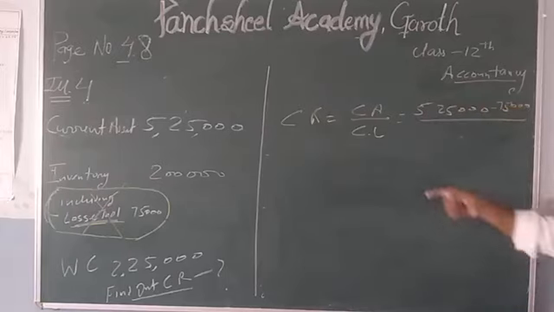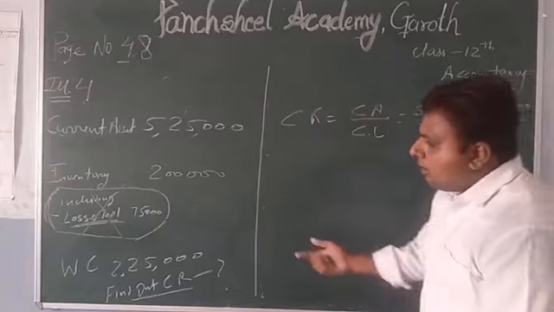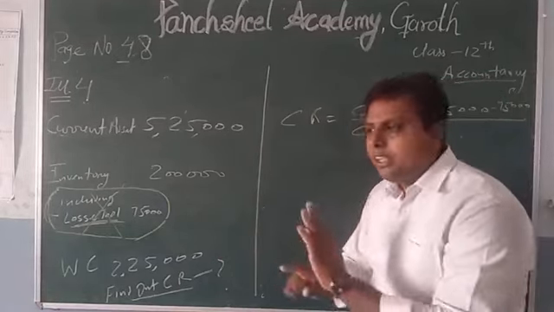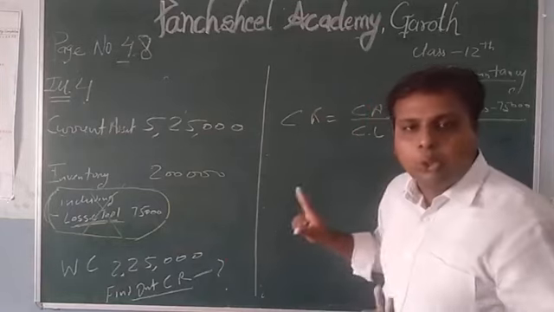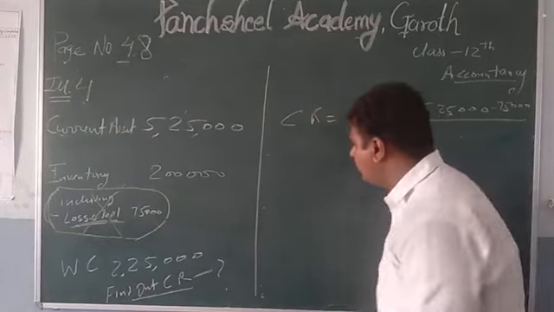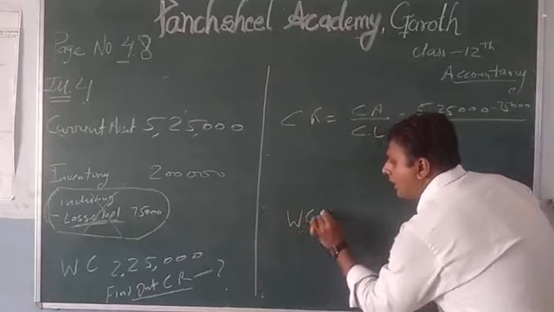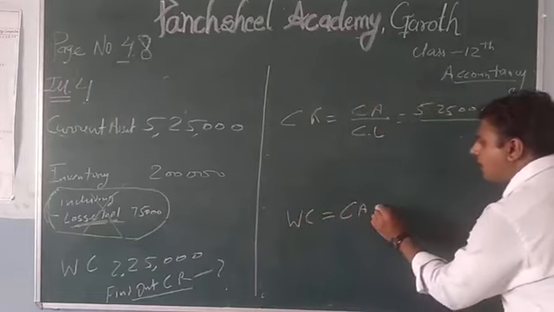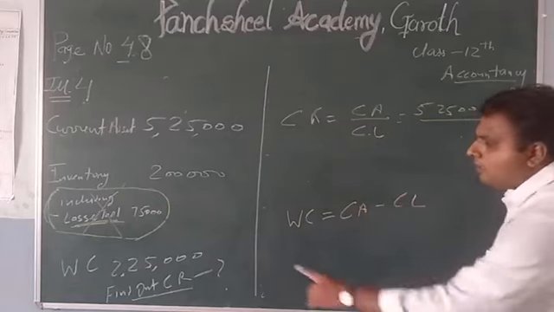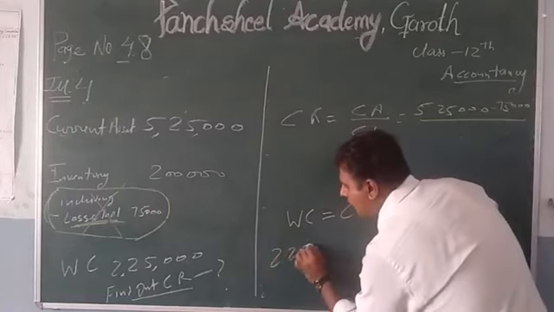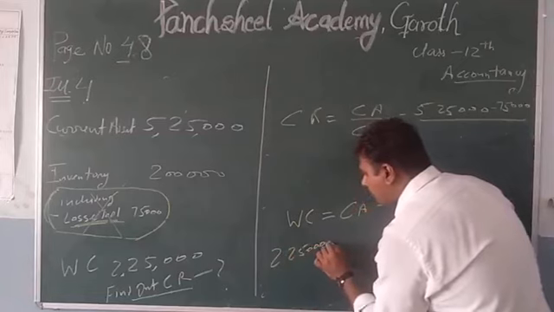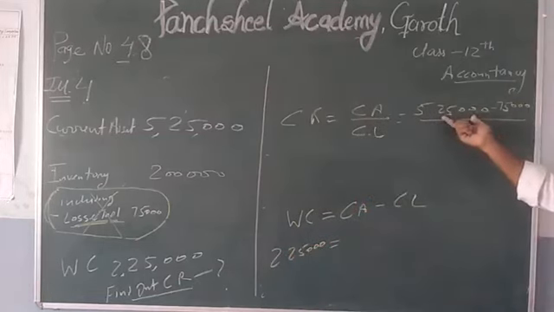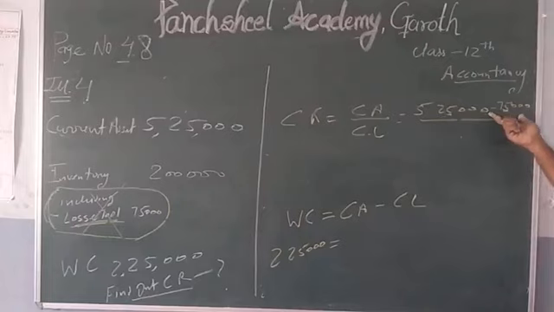Divided by current liability. Okay, can you find out the current liability? Current liability is not given, but the working capital is given. Working capital is equal to current asset minus current liability. Working capital 2,25,000. Current asset, how much do we have? 5,25,000 minus 75,000.